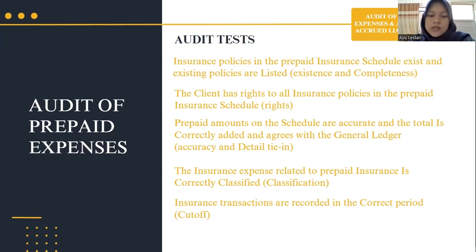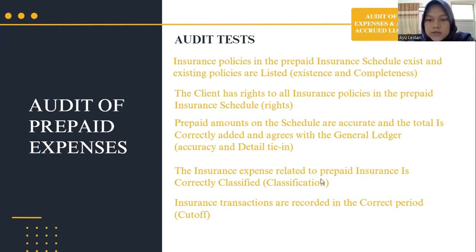In the test, the amount of premium for a particular policy and its term can be verified at the same time by checking the premium invoice or confirmation from the insurance agent. After that, the client's calculation on insurance that has not expired can be tested by recalculation.